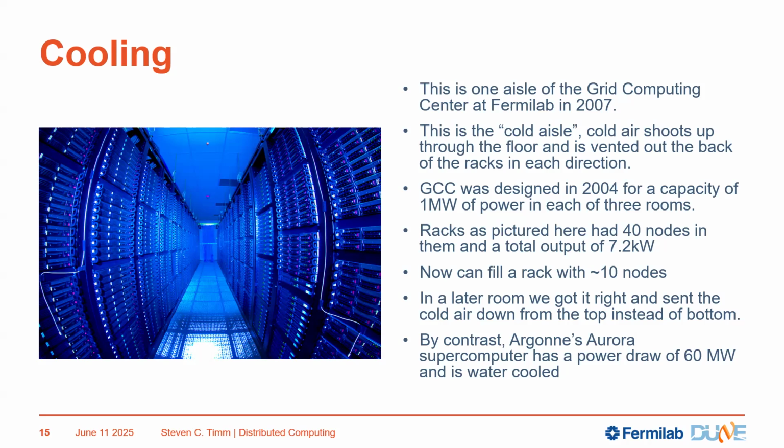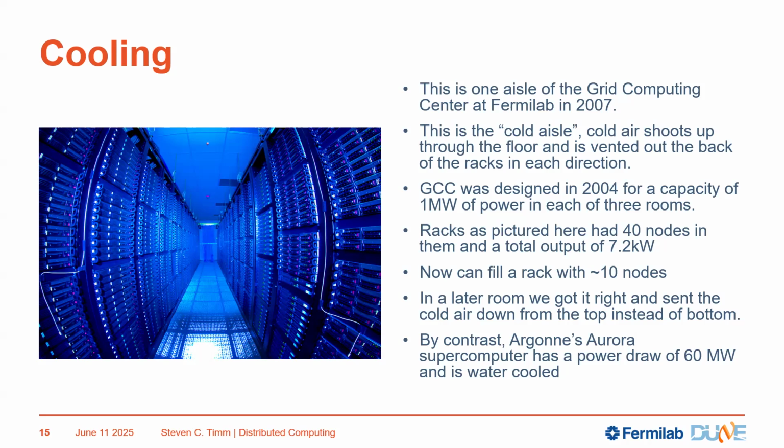This is the cold aisle. This was designed in 2004 for a capacity of 1 megawatt in power in each of 3 rooms. And each one of those racks is about 70.2 kilowatts. But now you could put that same amount of power with just 10 nodes that used to take 40 nodes.